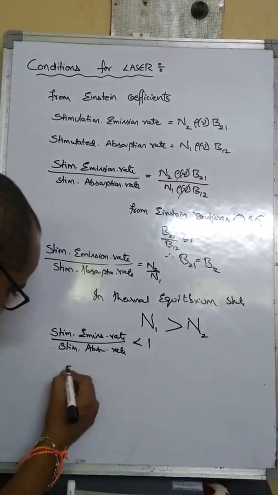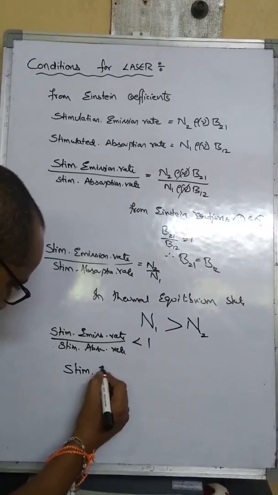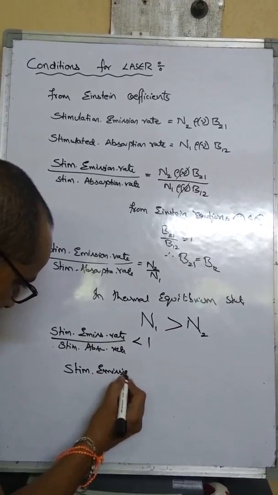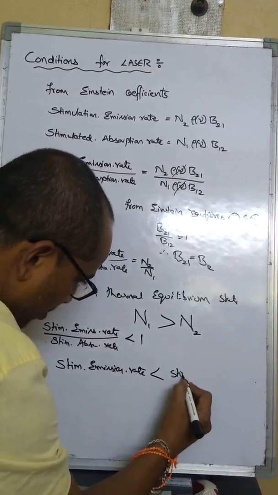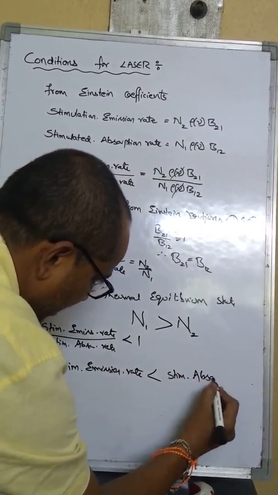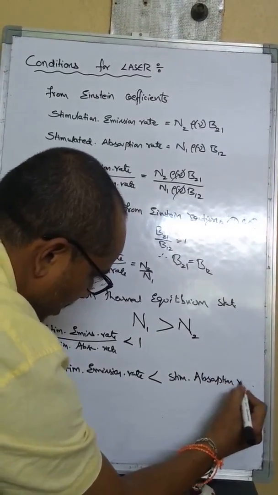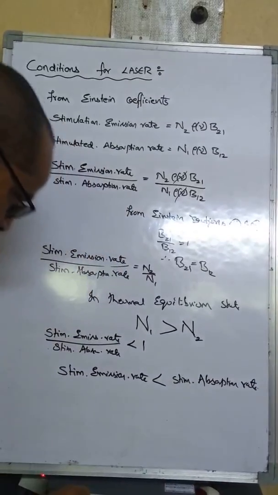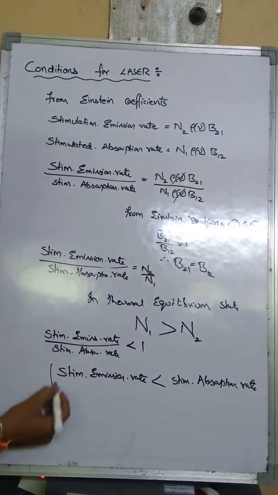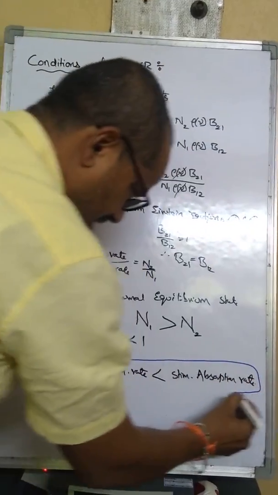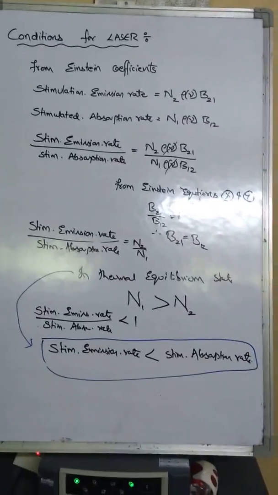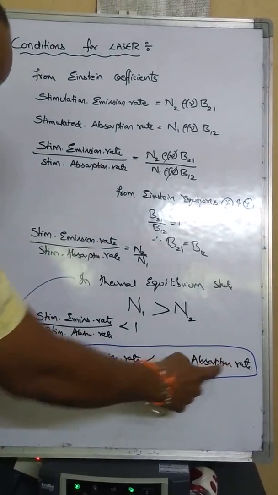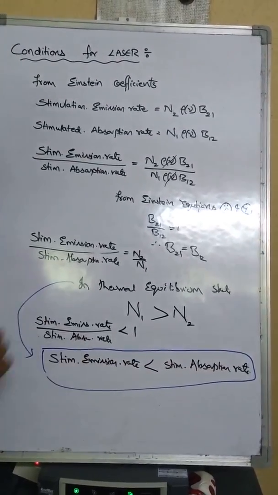That is, the stimulated emission rate is less than the stimulated absorption rate. The important conclusion we have drawn is that in thermal equilibrium, the stimulated absorption rate dominates the stimulated emission rate.